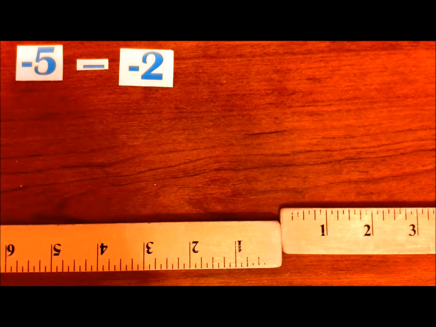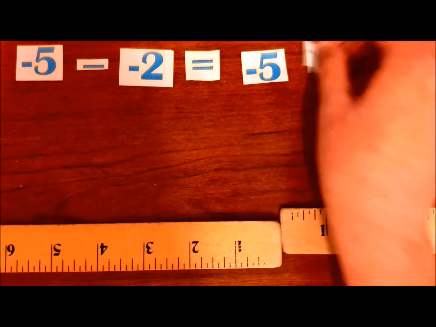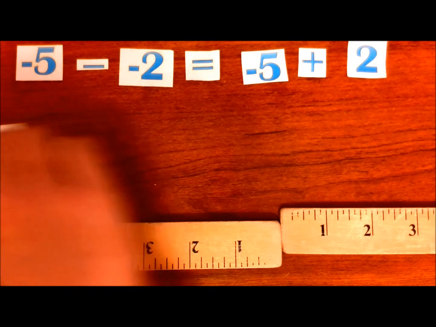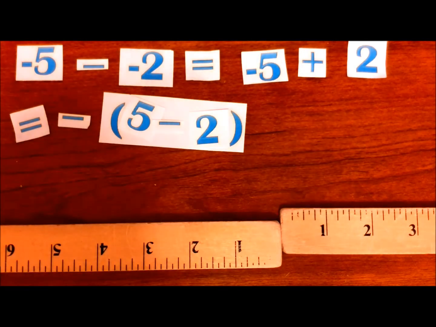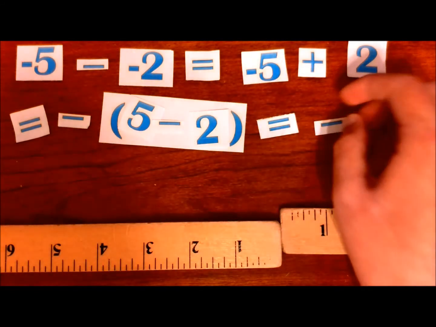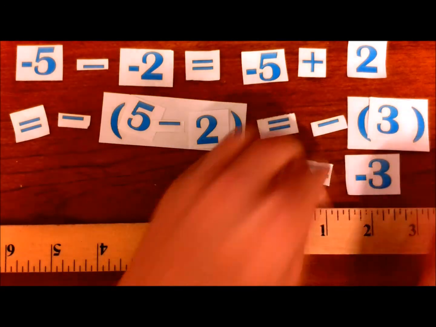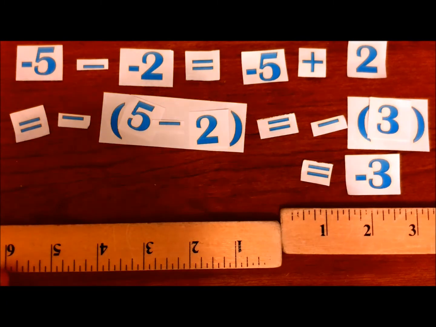So this is the same as negative 5 plus 2. And we already saw that that is equivalent to negative, parentheses, 5 minus 2, and you can simplify that as negative 3, or simply negative 3. So negative 5 minus negative 2 equals negative 3.